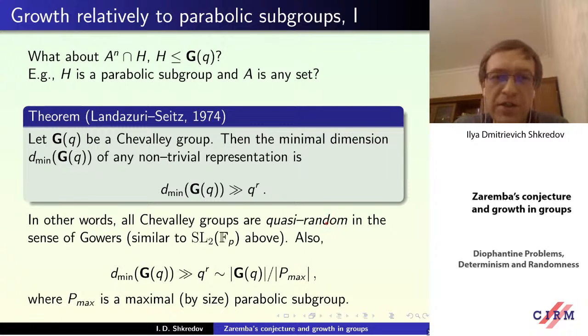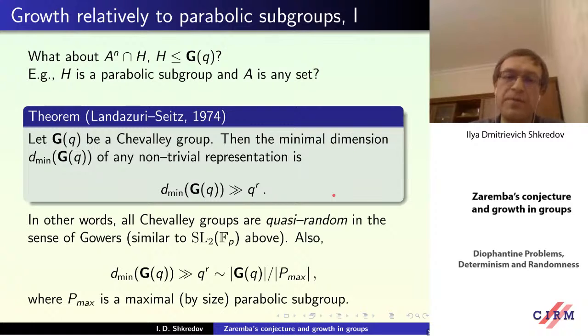It's a theorem of Landazuri and Seitz, who say that for any Chevalley group there is an analog of the Frobenius theorem in the following sense: if R is the rank of my Chevalley group G(q), then the size of the minimal representation is greater than q to the R. This q to the R is a very natural quantity.